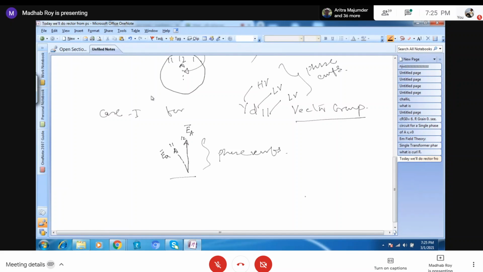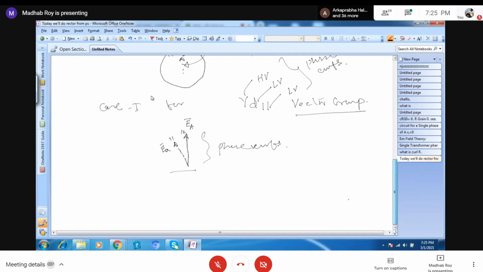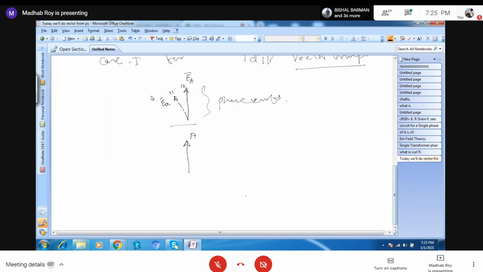Okay. So actually we are going for this into the three-phase system. So in three-phase, obviously if we consider A phase is here, so that is called the A phase. Then obviously B phase and C phase will be like this.